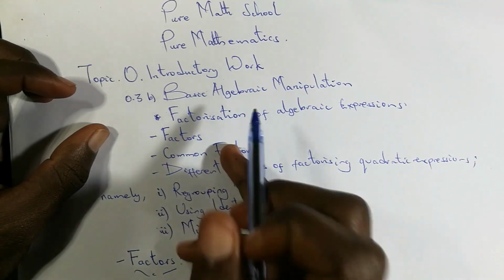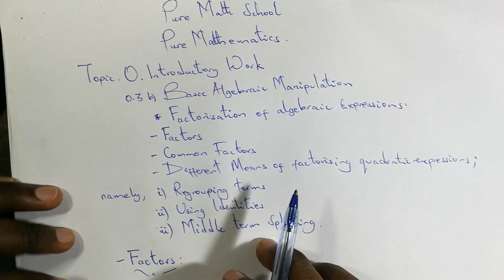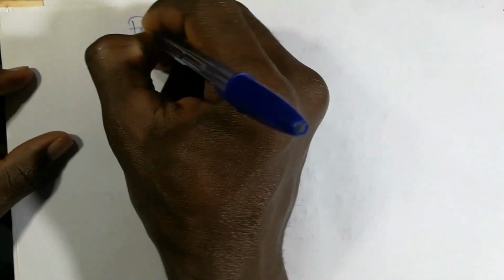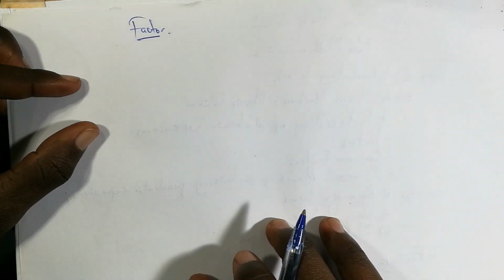And so today, since we are dealing with factorization, we need to first understand what a factor is. Factors of a number are numbers that multiply themselves in pairs to give that number.